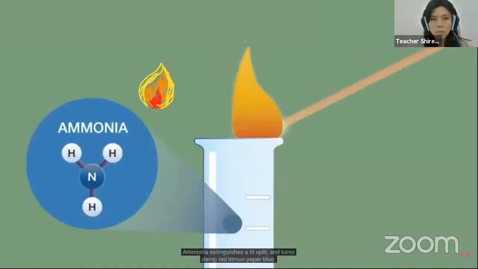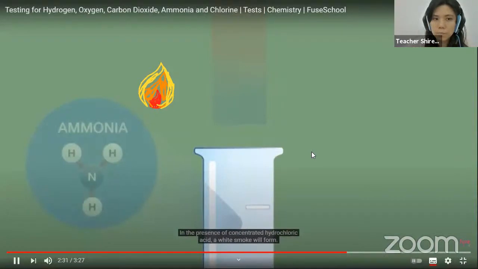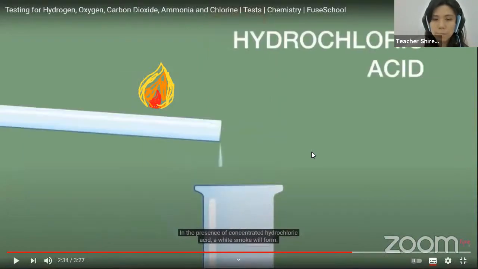Ammonia extinguishes a lit splint and turns damp red litmus paper blue. In the presence of concentrated hydrochloric acid, I'm not focusing much on hydrochloric acid and ammonia. It's not part of our syllabus, but just listen for your future anyway.